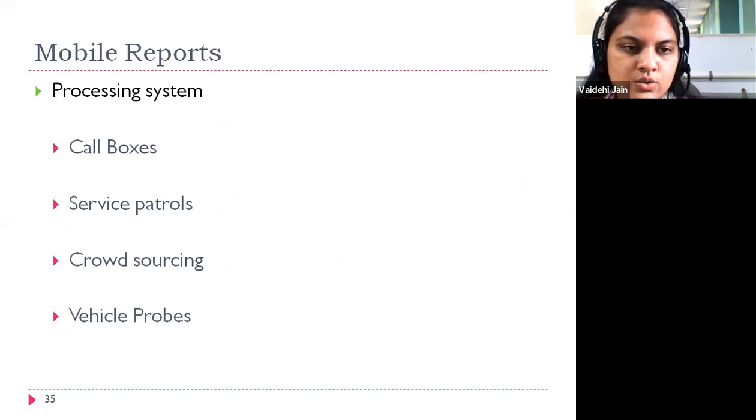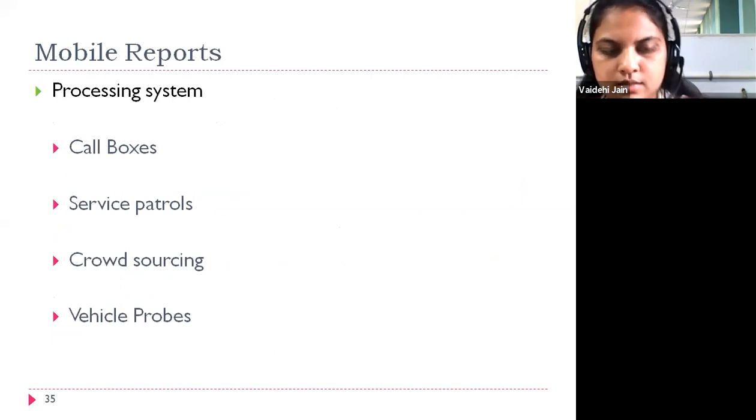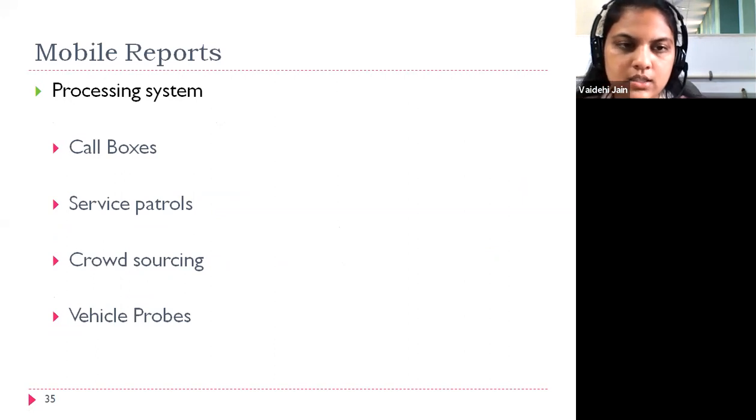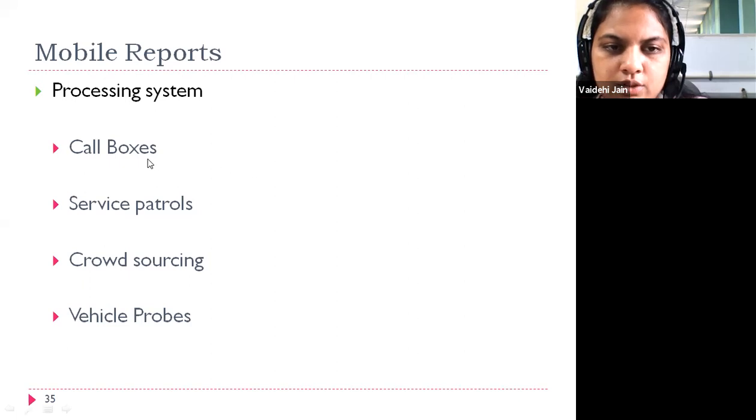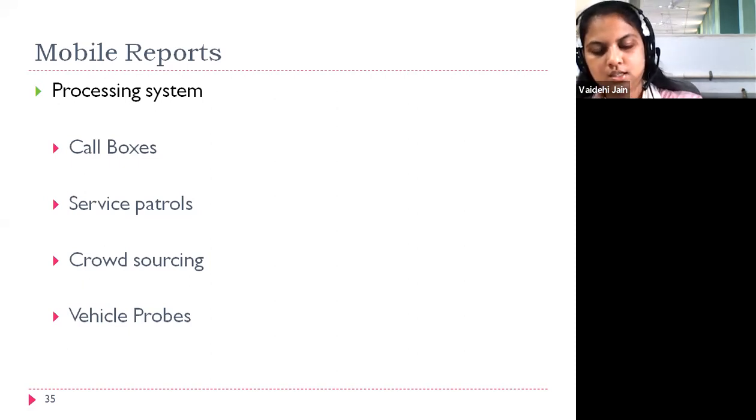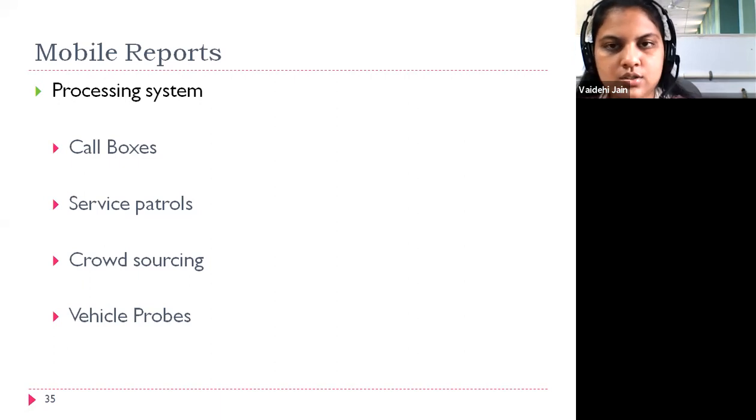To generate those mobile reports, the processing system has these types of components. One is a call box. Now the call box is the telephonic unit provided at the roadside at some intervals along the stretch, for emergency conditions, or when you do not have a cell phone or a network.